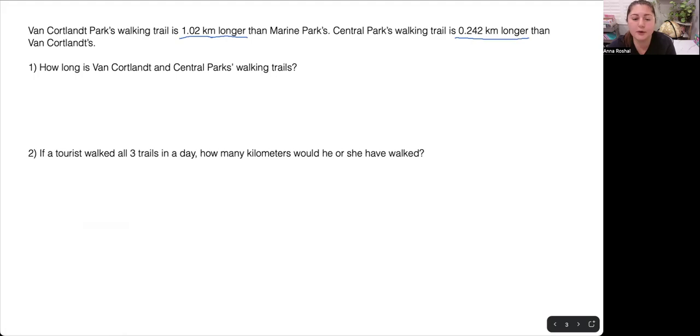So if we were going to put in just like from least to greatest, the parks, we know that Central Park is bigger than Van Cortland and Van Cortland is bigger than Marine Park. So let's put in Central Park is bigger than Van Cortland Park, and then Van Cortland Park is bigger than Marine Park.